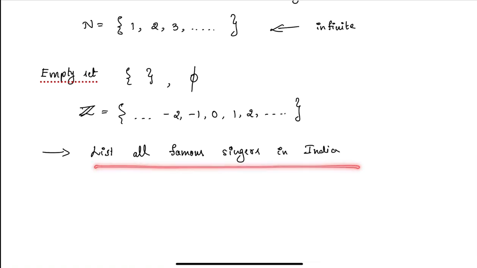This will not be the same for each person who is listing. So this cannot be a set. There is no well-definedness in famous because this is a very relative word. Whatever is subjective, or does not give a particular meaning when we use it, cannot be used for the definition of a set. So hence the well-definedness matters.